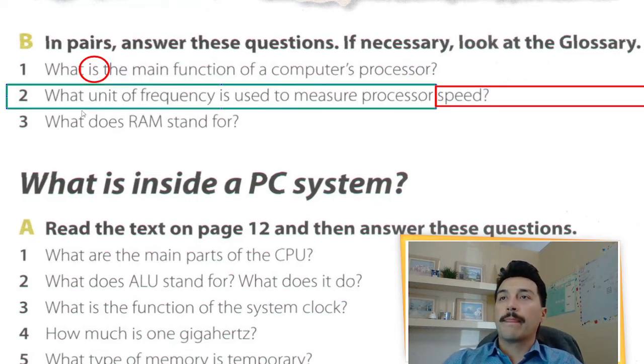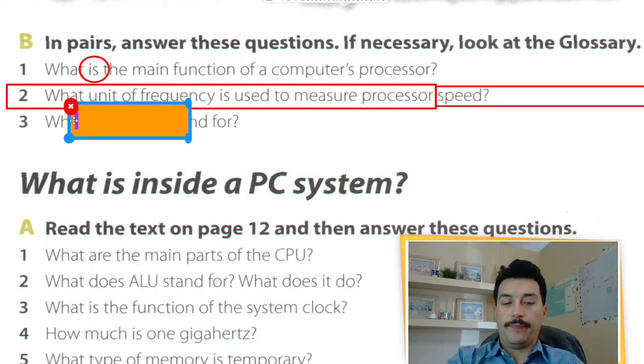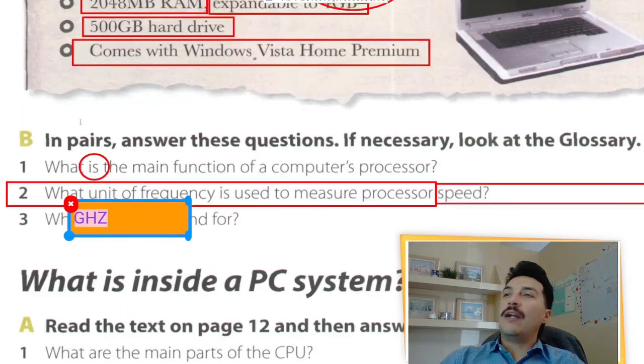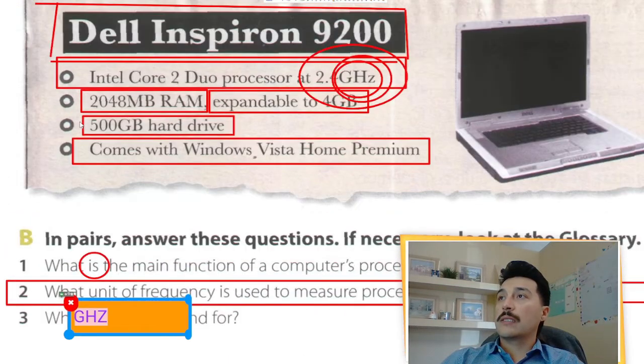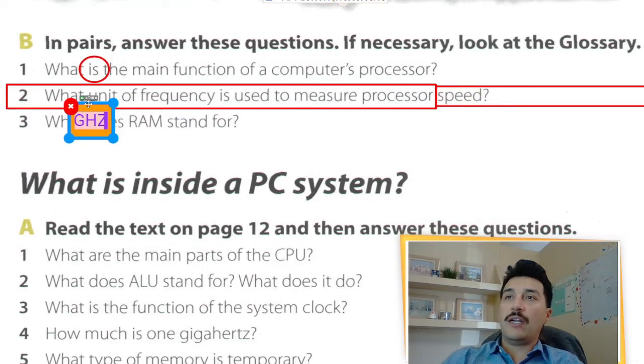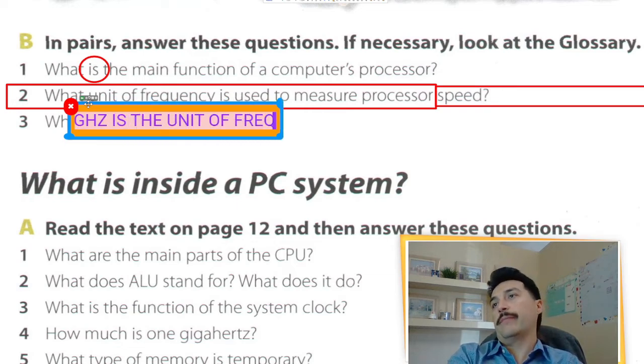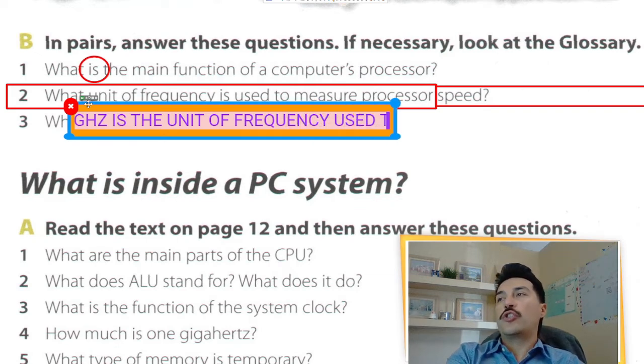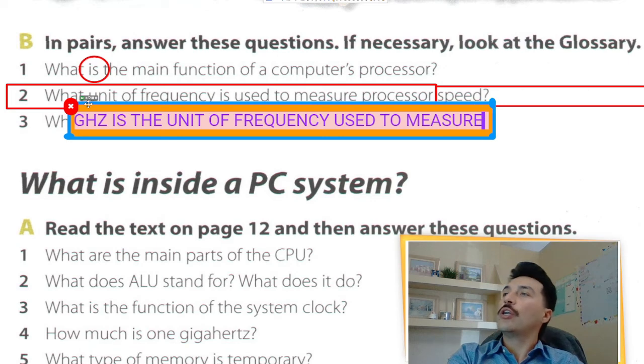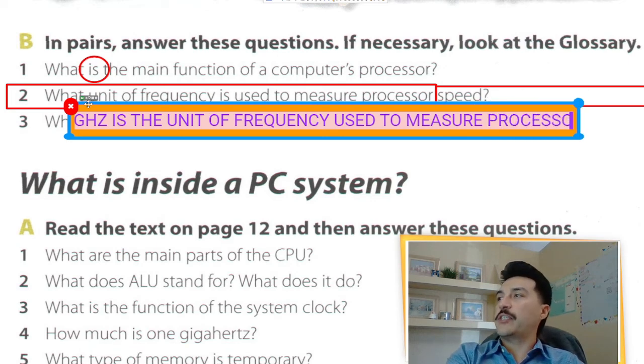So, like this. Gigahertz is the unit of frequency used to measure processor speed.